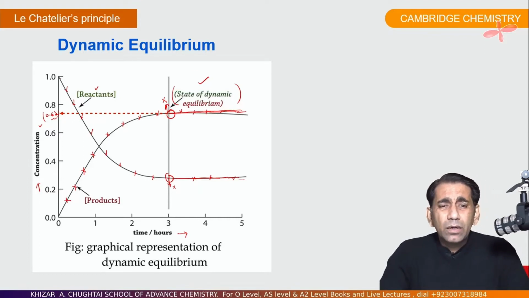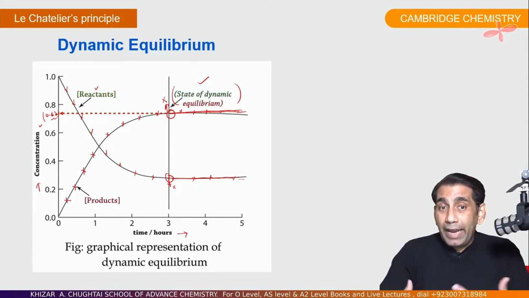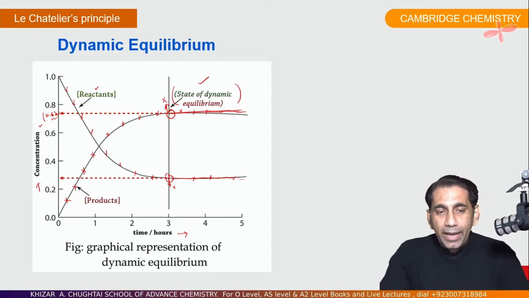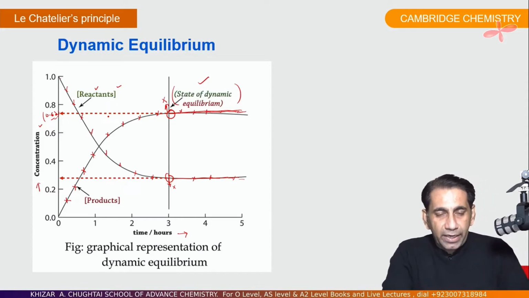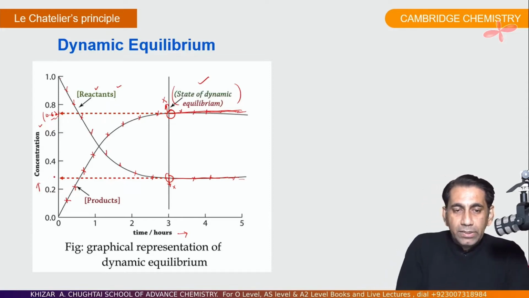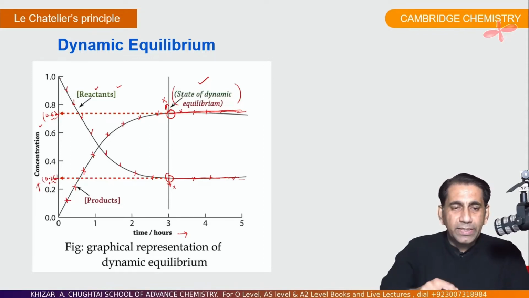Same is the case with the remaining reactant. The quantity of the remaining reactant can also be seen with the help of this curve. Again, I'm going to extrapolate this flat portion of the lower curve, the curve showing the change in concentration of the reactants. And we can see that the remaining concentration is roughly 0.26.